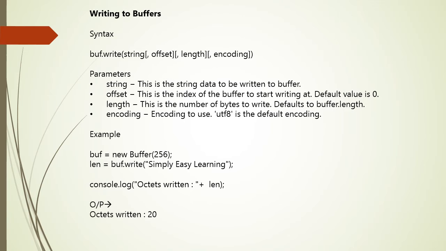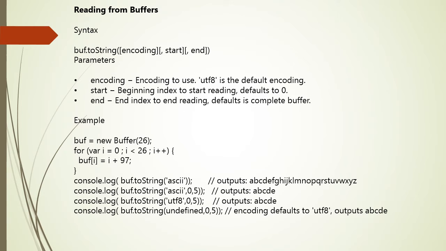Consider how to read from the buffer. Following is the syntax of the method to read data from a node buffer: buffer.toString(encoding, start, end). Here is the description of the parameters that we have used. Encoding is the encoding to use.